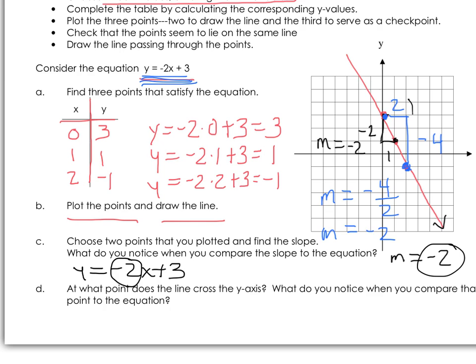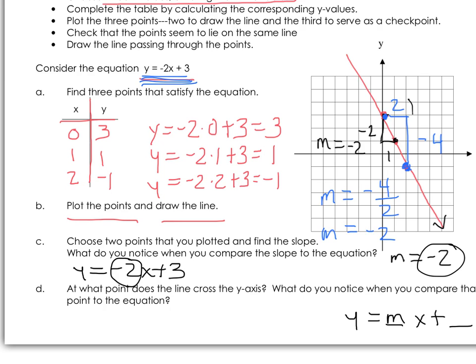Is that always true, or is that just a coincidence for this one problem? It is always true. In this particular form, when it has been solved for y equals, if there is a number multiplied times x, that number is the slope.